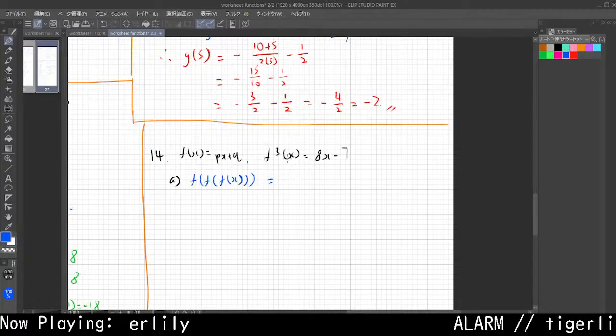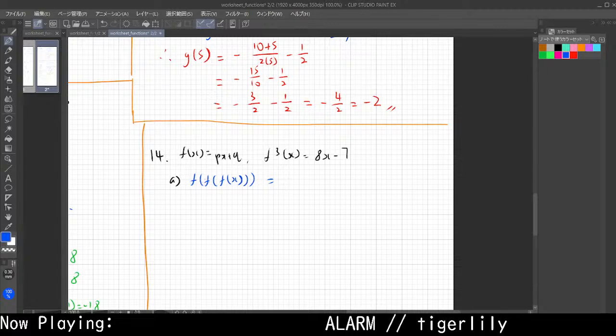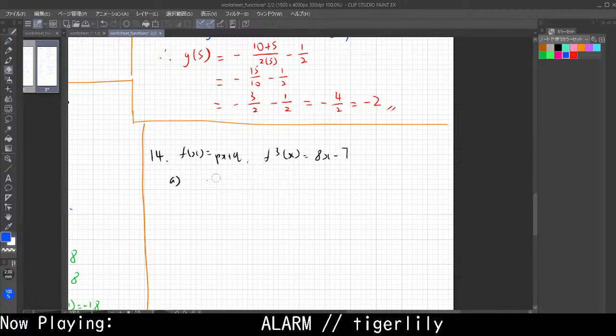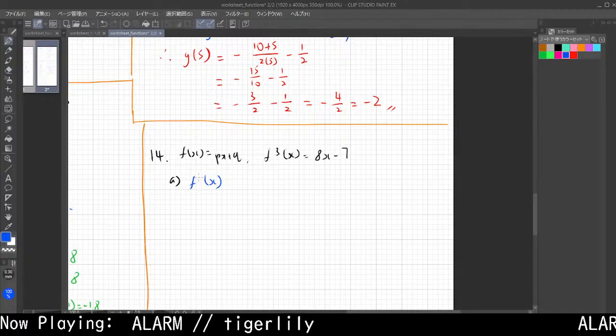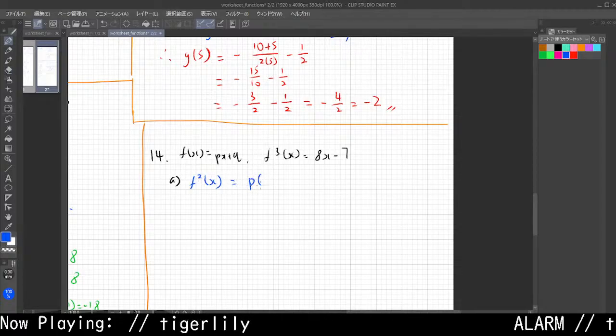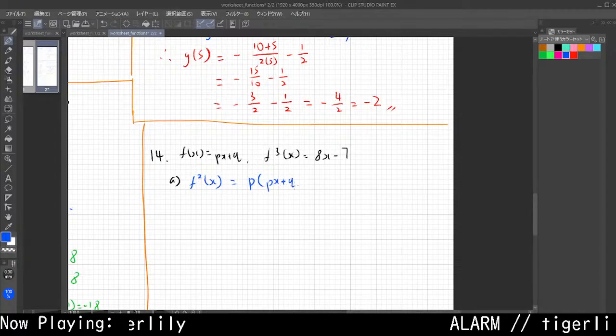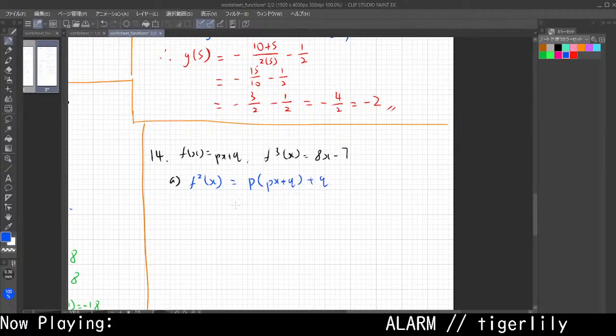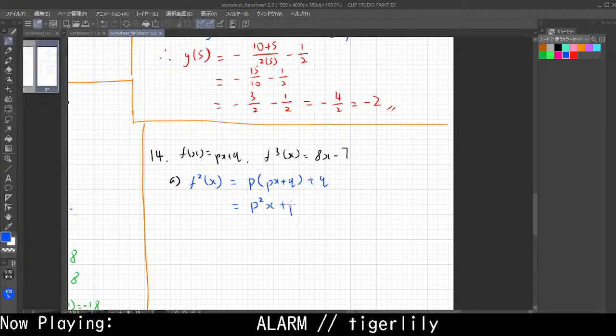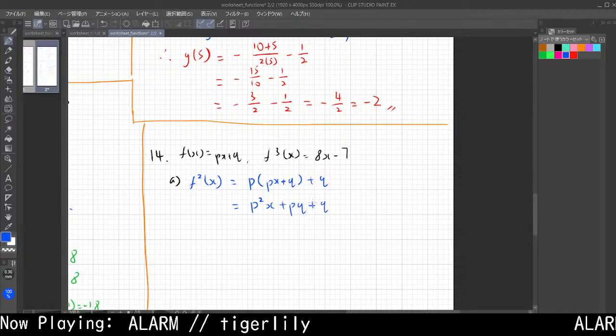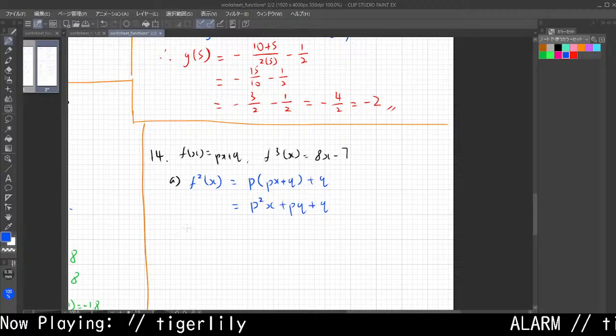So what you want is to have, okay, let's do it one by one. f2 is f into itself, so p(px plus q) plus q. p multiply inside: p square x plus pq plus q. Seems familiar? Yeah, because it is very familiar. Then you can put this aside.